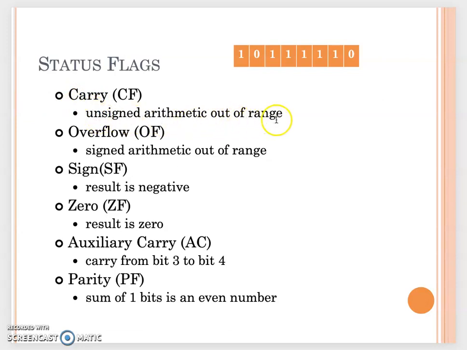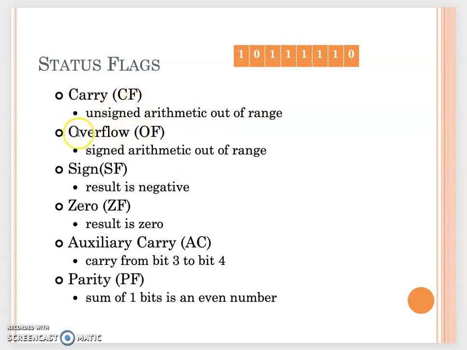If you go out of range in addition, with a carry out, or in subtraction, where you need to borrow in, no matter which one, when you reach from the 8th to the 9th bit, you are out of range, so the carry flag will be set.